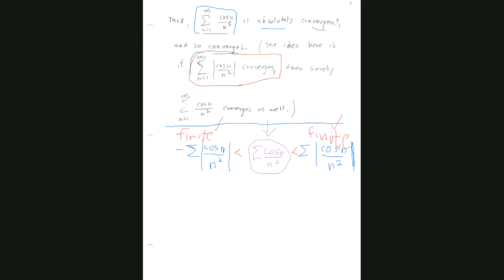So the fact that our series is between two finite series means the sum of our series has to be between the sums of these two finite series. That means our series would have to be finite also. It has no choice.